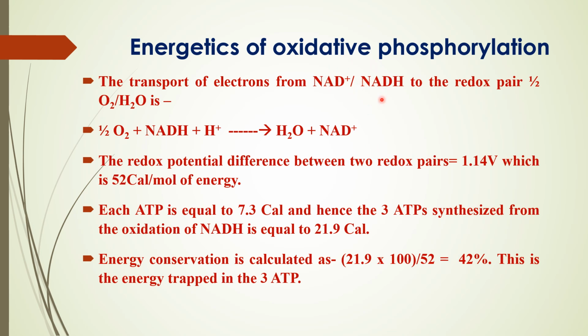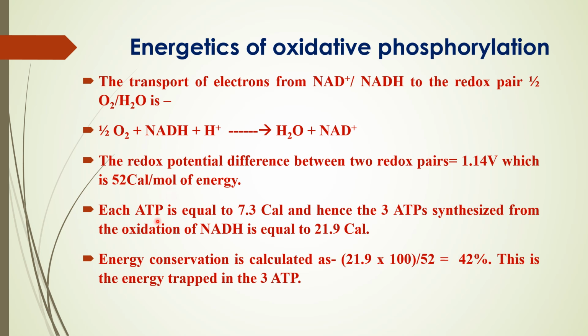This is one redox pair and this is the other redox pair. The hydrogen is transferred here, finally resulting in water, and NAD plus is formed. The redox potential difference between these two redox pairs is around 1.14 volts, which is equal to 52 calories per mole of energy.